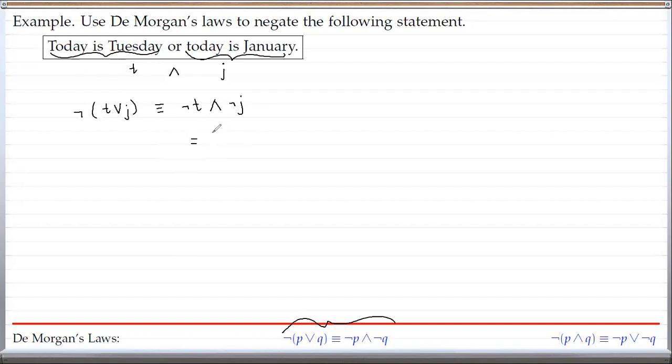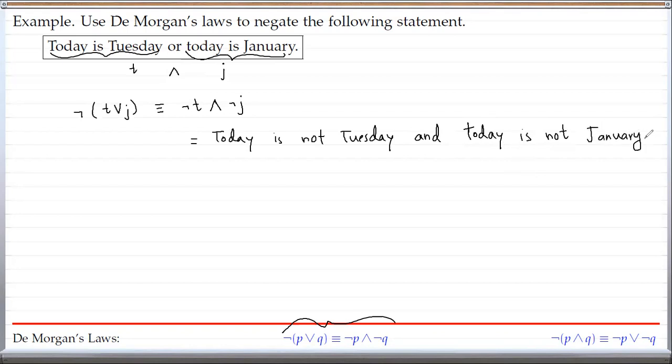Not T means today is not Tuesday, and today is not January. So this is the negation of today is Tuesday or today is January.